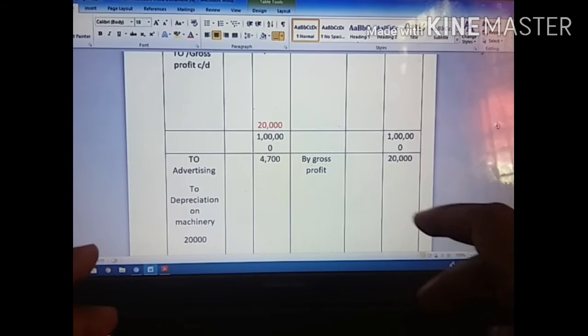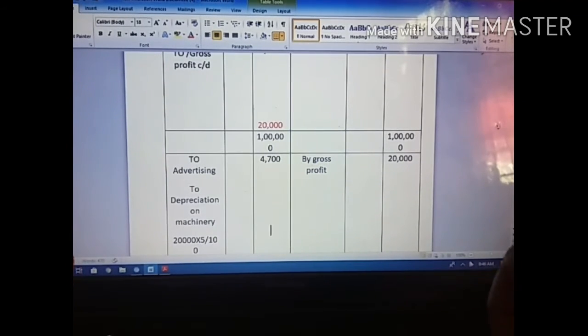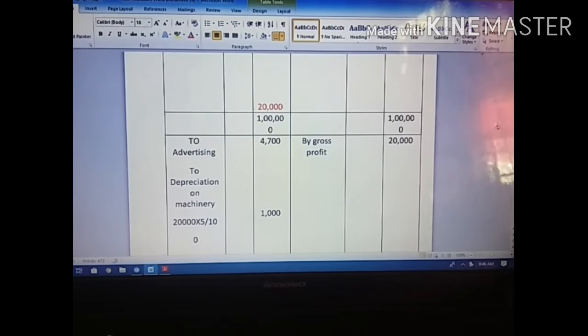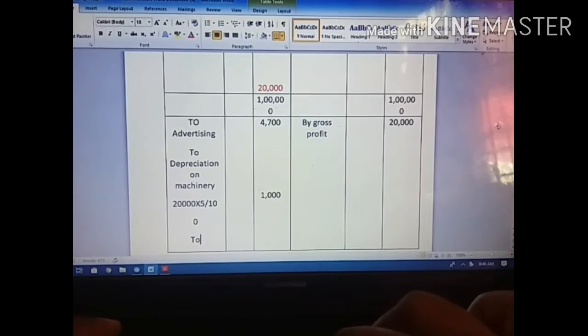20,000 into 5 by 100, you will get 1,000. So that you have to show in the outer column of the ledger. So 1,000 rupees. Then doubtful debts are also given, the provision for doubtful debts. If a percentage is given, then we have to find it from the debtors. But here a value is given, so directly we have to show this item on the debit side.